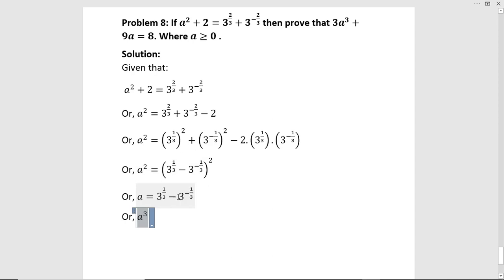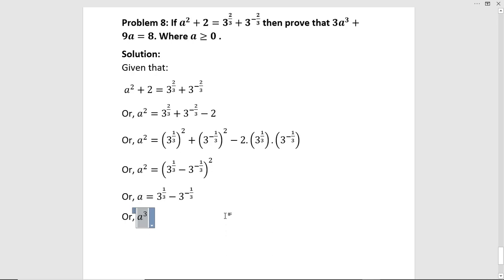Because if we put 3 to the power minus 1 by 3 in front and then minus 3 to the power 1 by 3, then a would be less than 0. So we have put the greater term as the positive one, and smaller term as the negative one.